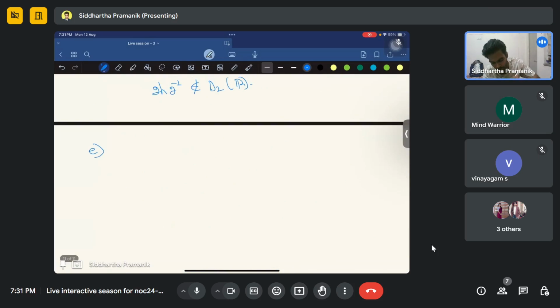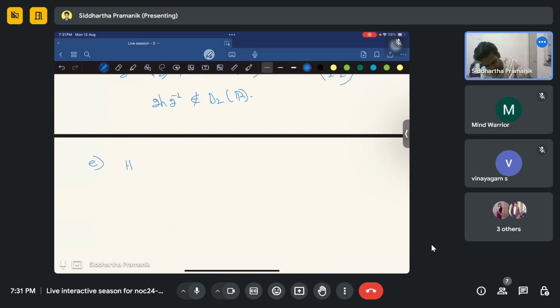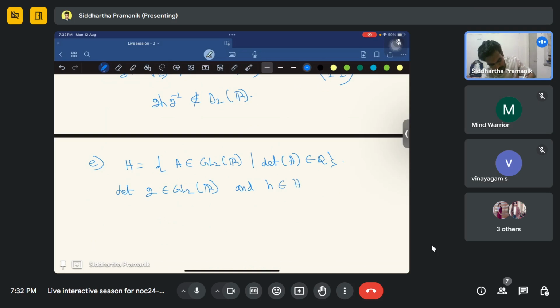So we have already seen it is a subgroup. So let's write H again: A belongs to GL2R such that determinant of A is in Q. Okay, so let's take G belonging to GL2R an arbitrary element, and small h belonging to H an arbitrary matrix.